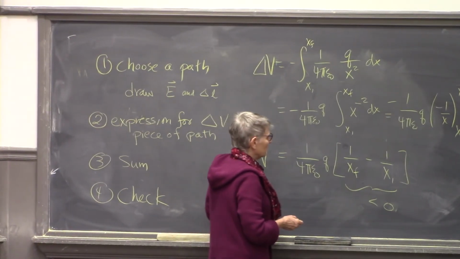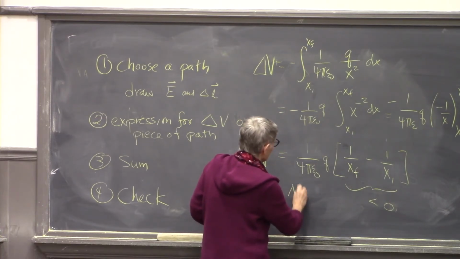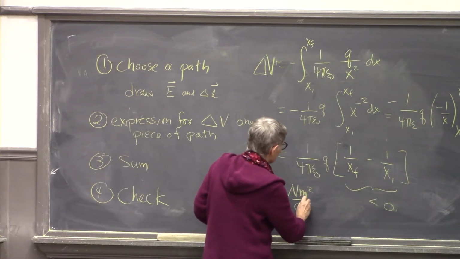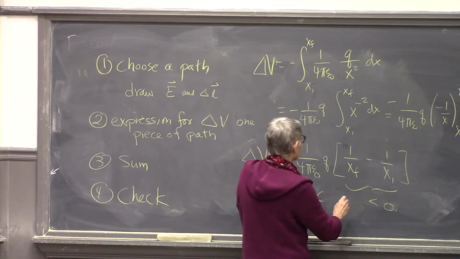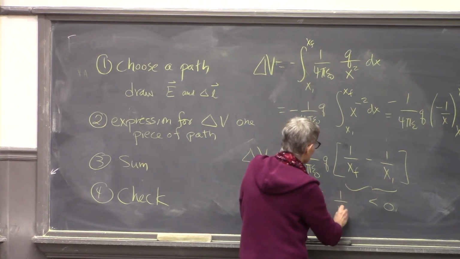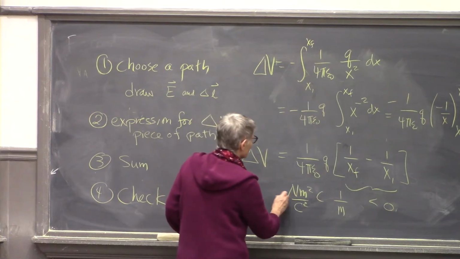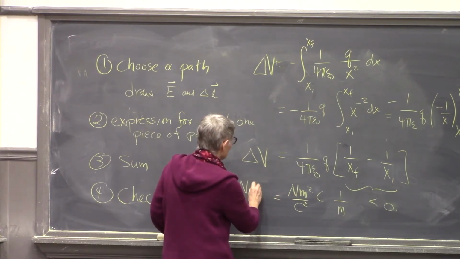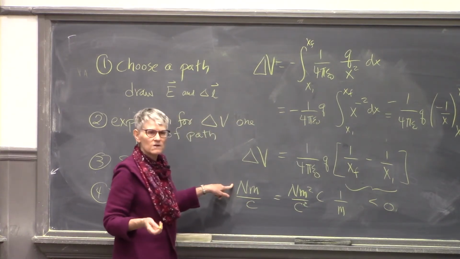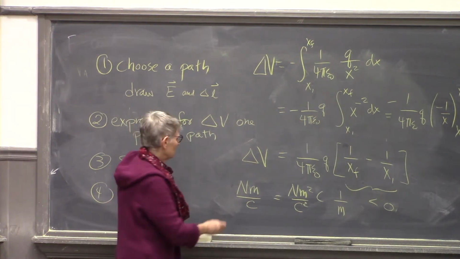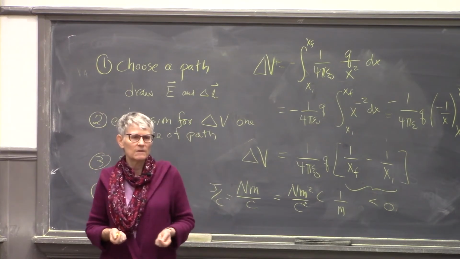So we have Newton meters squared per coulomb squared times coulombs times 1 over meters, which gives us Newton meters per coulomb, and a Newton meter is a joule. So that's joules per coulomb, which is volts, so we're good.